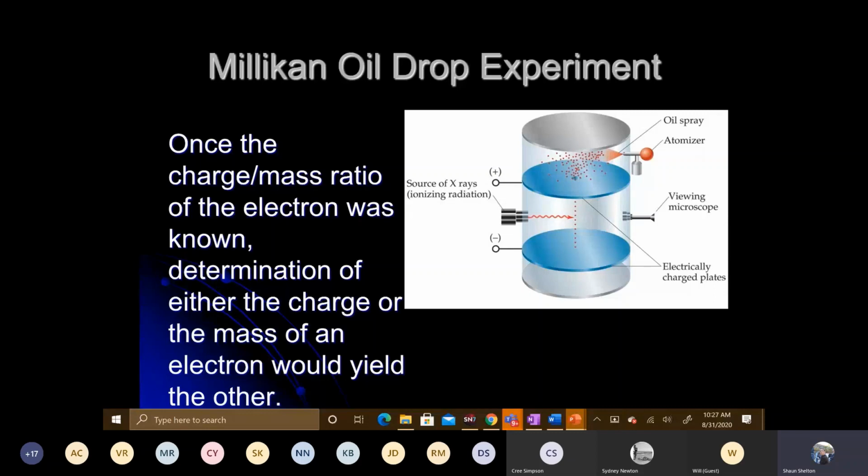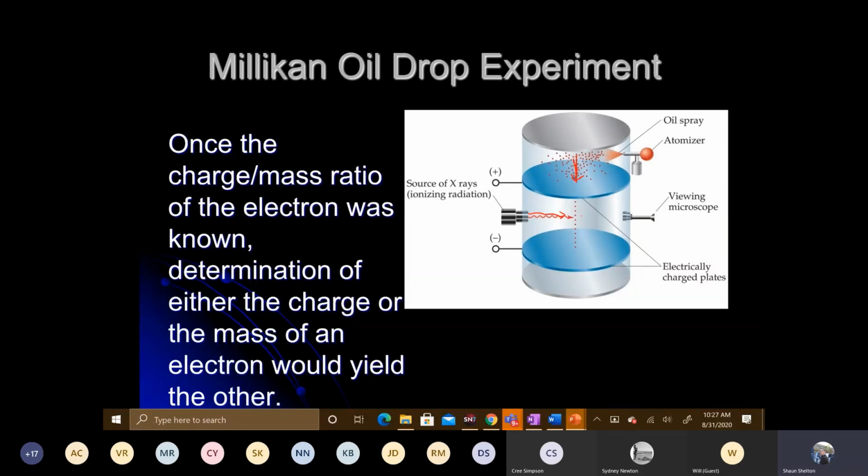Oil droplets are basically like hairspray or even air freshener. If you were to spray your air freshener out, it sprays this mist out, and then the mist falls down. Some of them pass through this hole, and inside of this area you have a source of X-rays that come out as a beam.